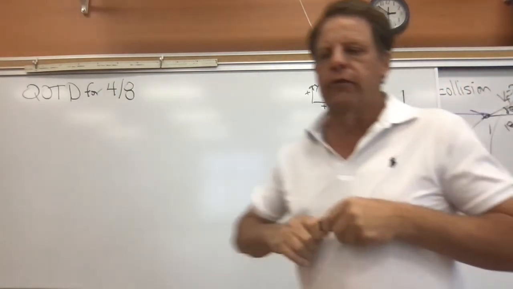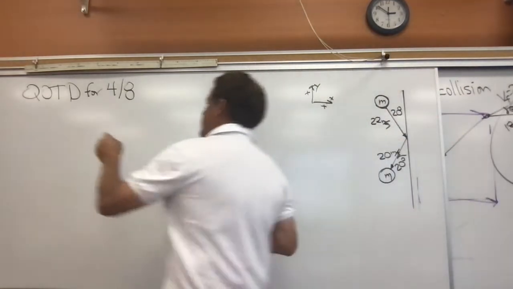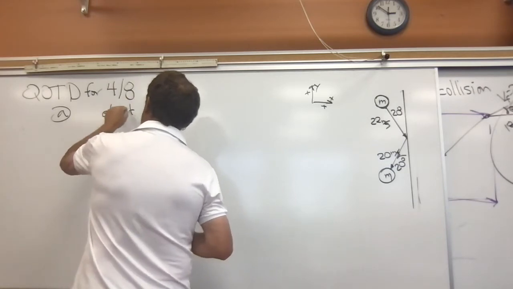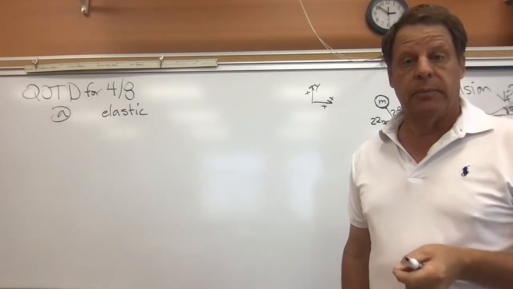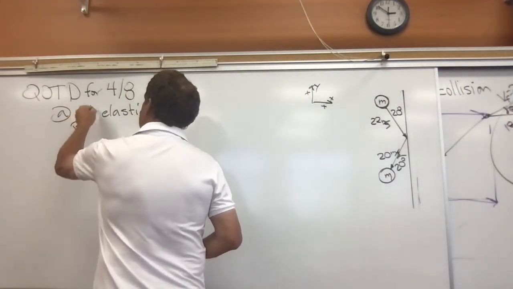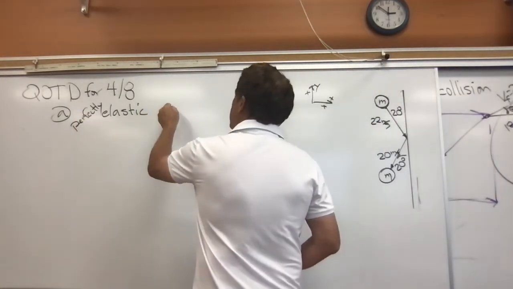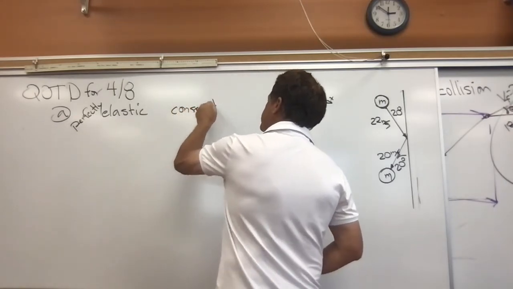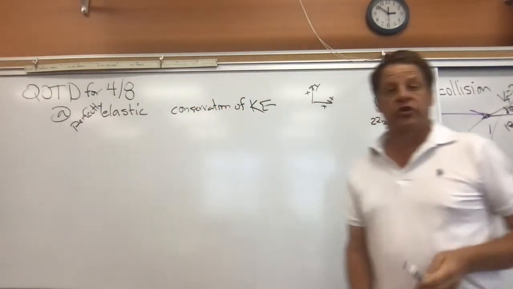Now the first question is: which type of collision is this? It is going to be elastic because it bounces. It's going to be perfectly elastic because there is a conservation of kinetic energy.